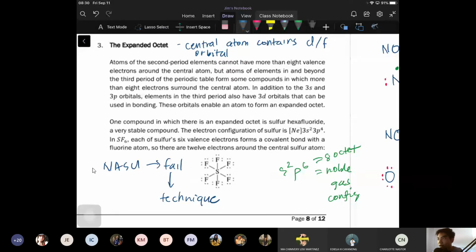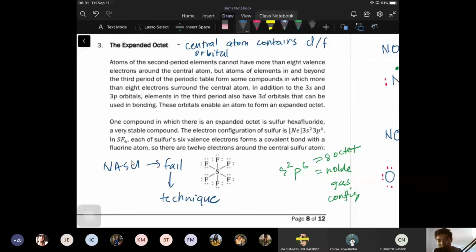Okay? So, why I want you to do the NASA pa rin, no? Just to confirm na expanded octet nga yan, no? Kasi pag gumana naman yung NASA rule, edi hindi siya expanded octet, ha? So, yun. Binibigyan ko lang kayo ng idea na hindi lahat ng may d orbitals ay violation sa octet rule, no? Yung ilan lang, no?